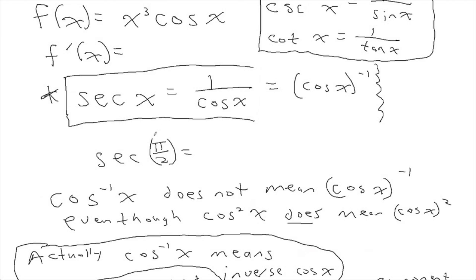Let's try the secant of pi over 3. 1 divided by cosine of pi over 3. I get 2. Okay, very good.